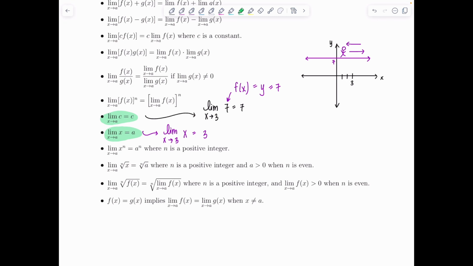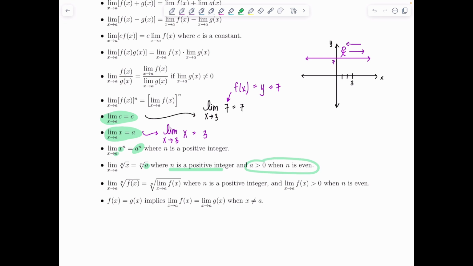And then the limit as x approaches a of x to the n is equal to a to the n, where n is a positive integer. So again, you can basically just think I'm substituting in a for x. And same thing, the limit as x approaches a of the nth root of x is equal to the nth root of a, as long as n is a positive integer and a is positive when n is even.